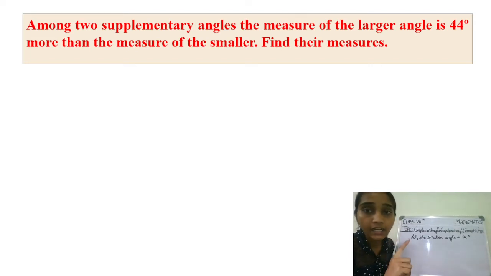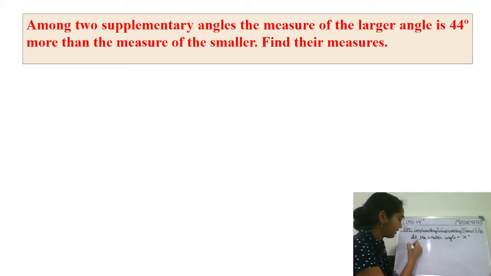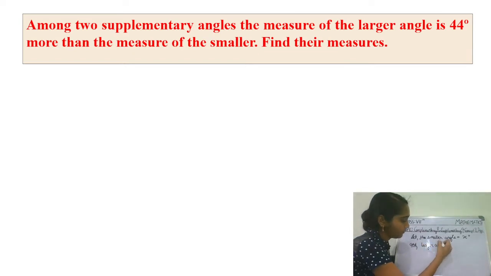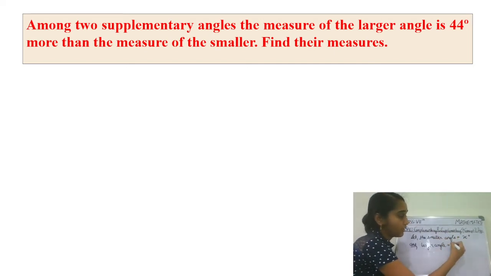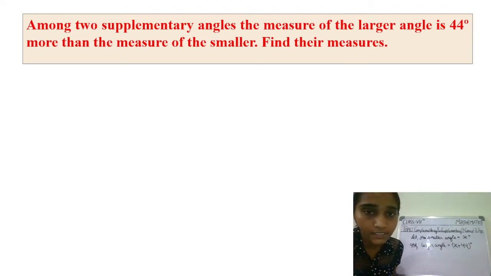It is 44 more than the smaller, so we add 44 to the smaller angle. We can write x plus 44 degrees. This is the measure of the larger angle.